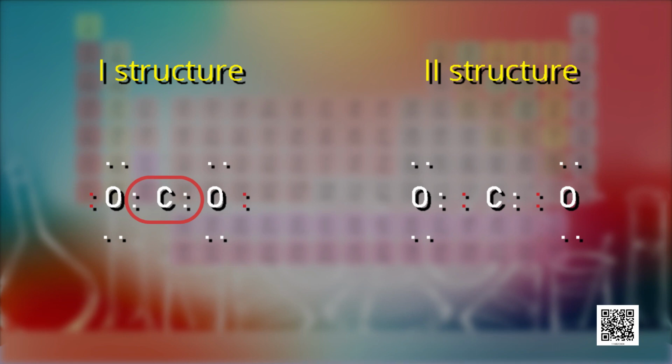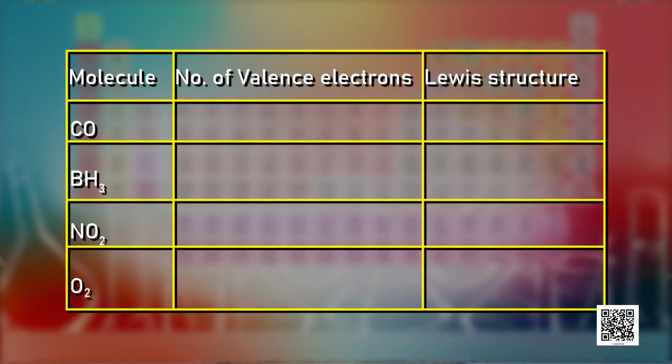And keep in mind, you need to keep practicing drawing these Lewis structures. Now, here you have a worksheet and this is for you to complete. In the worksheet, as you can see, in one column you have molecules. In the second, you have to count the number of valence electrons and write it down.